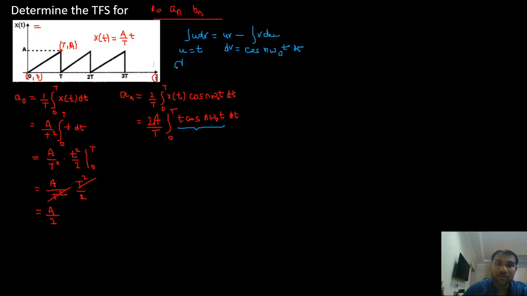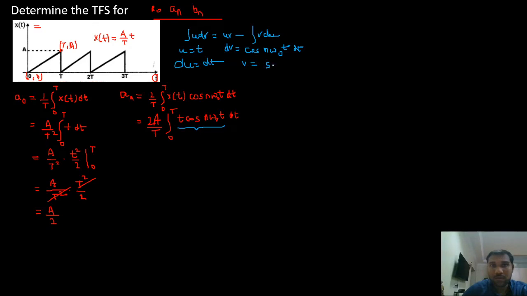So what is du? du is equal to dt, and v equals the integral of cos. Integral of cos is sine, right?